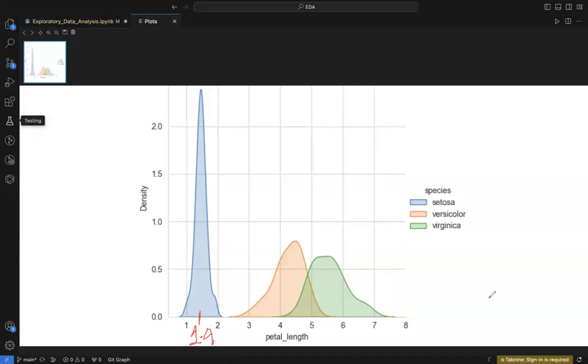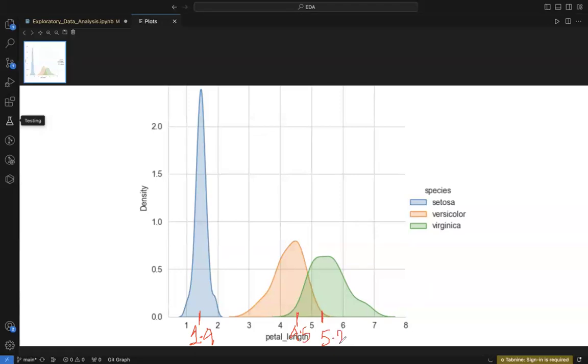The mean for Versicolor is around 4.5, and for Virginica, it's around 5.2.